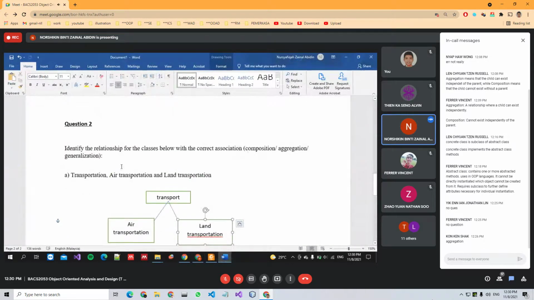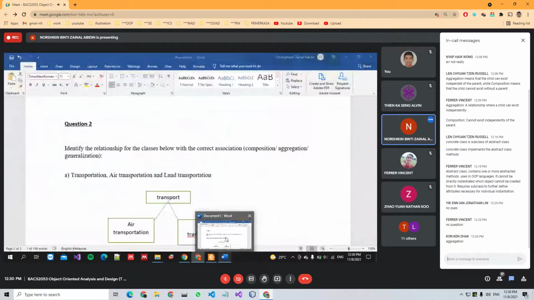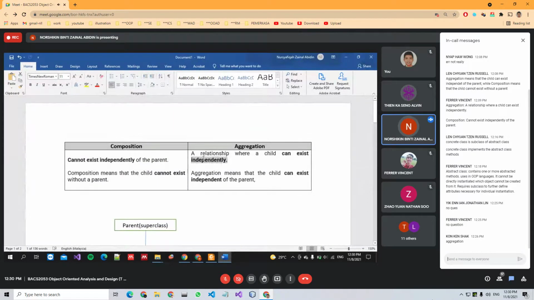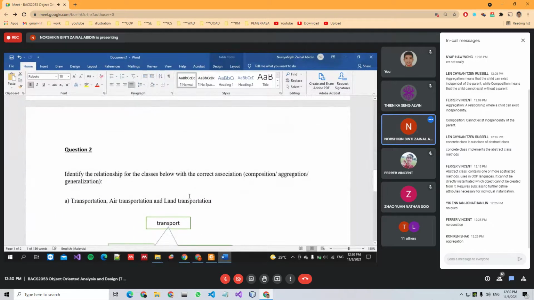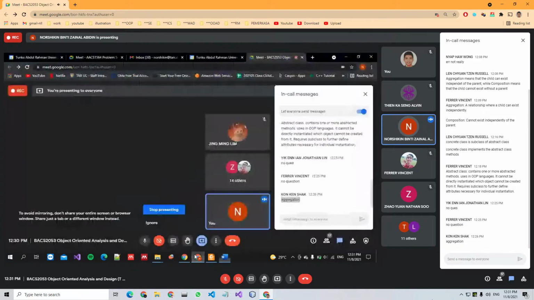So we need to identify whether this is composition, aggregation, or generalization. Here we have the answer from Konkenshak. It is aggregation. Aggregation means it is independent. That means if we delete this one, will this one be deleted too or not? So the answer here is aggregation.